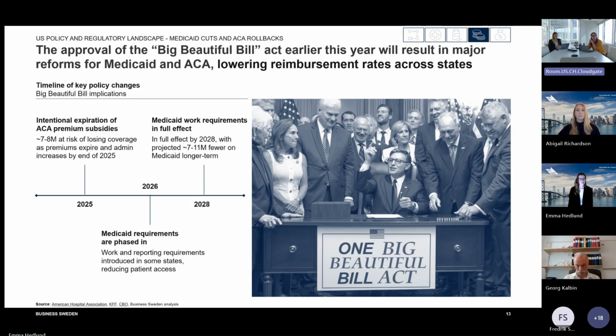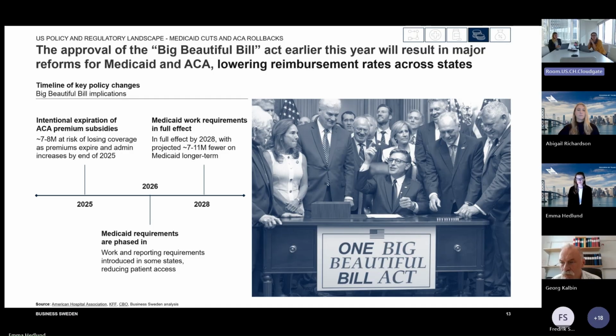And then as these measures by the bill go into full effect by 2028, we're seeing an additional 7 to 11 million more individuals losing coverage. This will definitely have consequences for hospital systems, because there's an expectation that more individuals who do not have health coverage are still going to need health care.